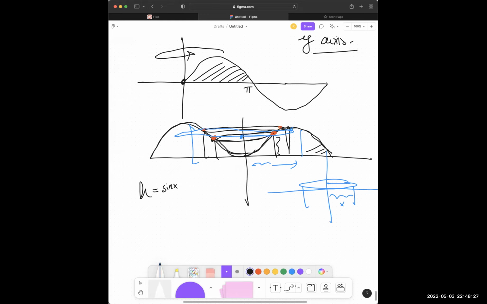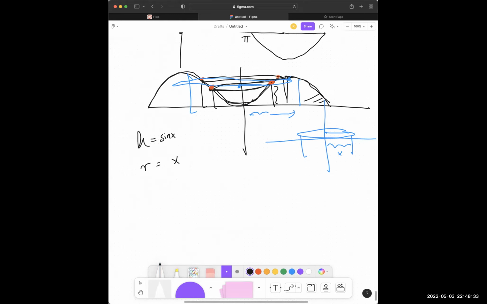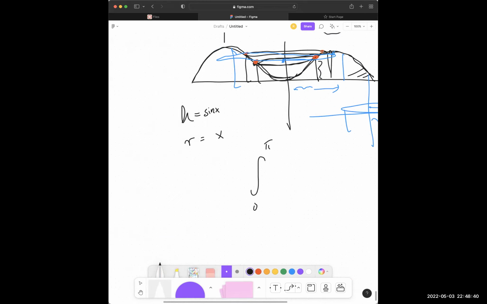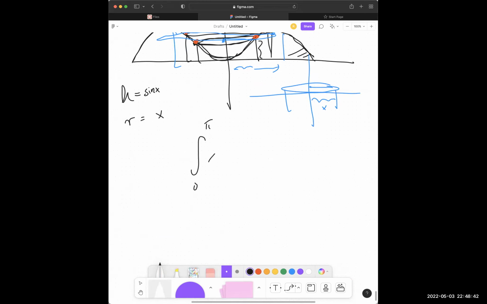So that distance, or the radius, really is equal to x. So we're doing the integral from 0 to pi, I mean, those are the bounds after all, of x times sine of x dx.